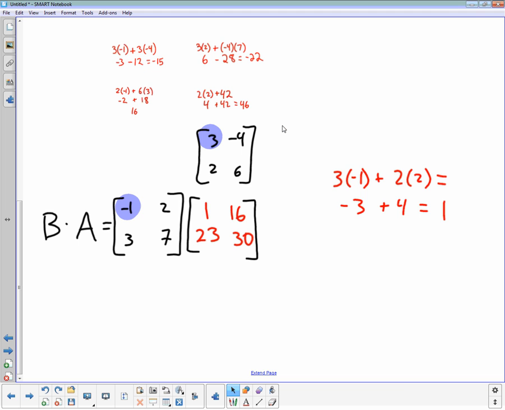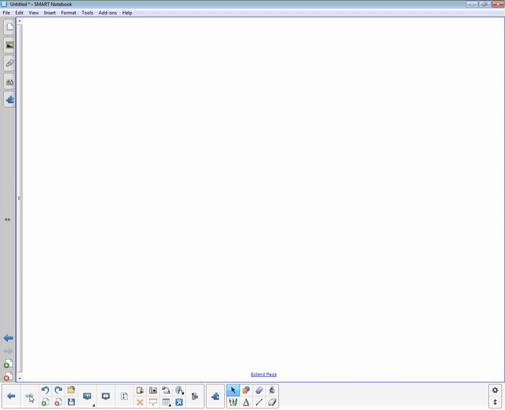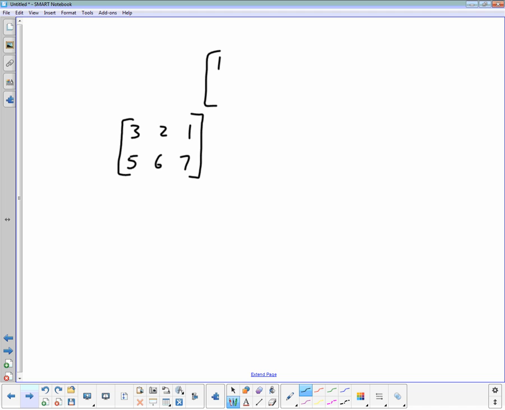All right. Now, there are some restrictions on what can multiply against each other. Okay. For example, if I tried to multiply and look at what happens.